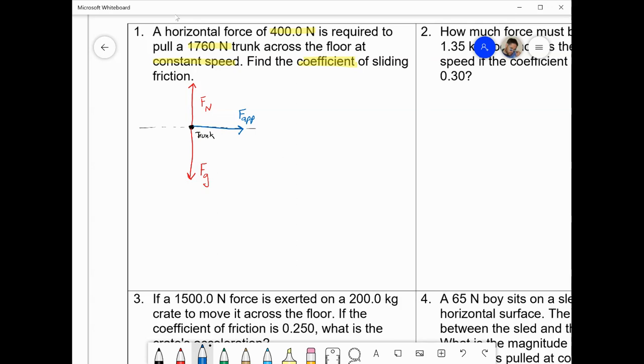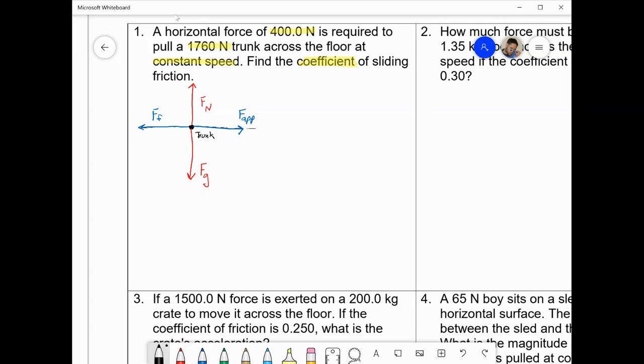Then, because this is not accelerating and moves at a constant velocity, I have another force that is slowing it down or holding it back. And that other force is the force of friction. So now I have all of my forces balanced out, which is good because I have a constant speed. My gravity is balanced out by the normal force of the ground pushing up on the trunk. My applied force is being pulled back with the force of friction on the other side.